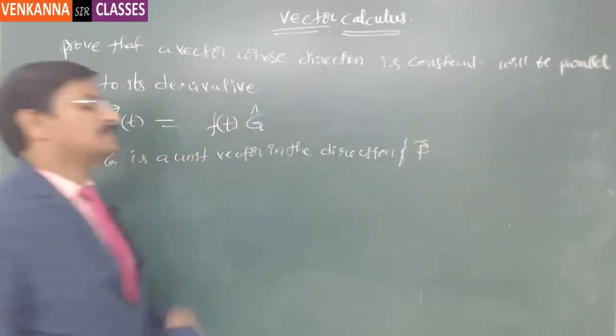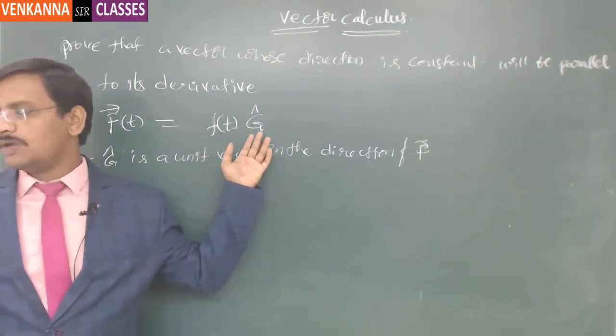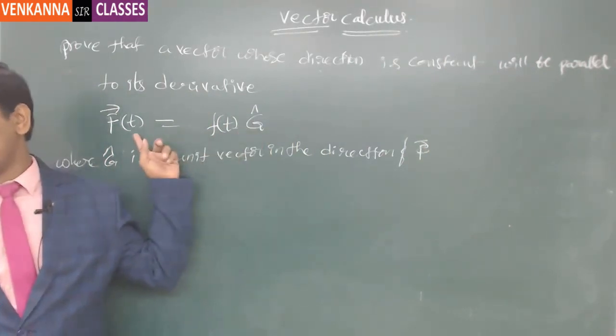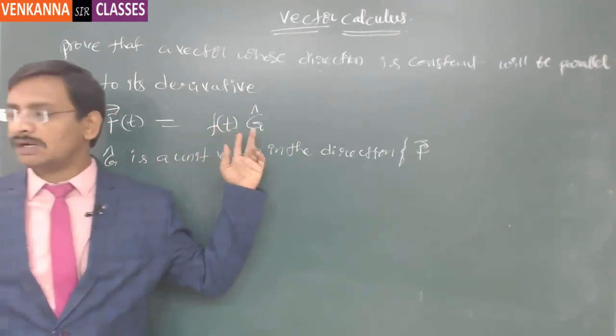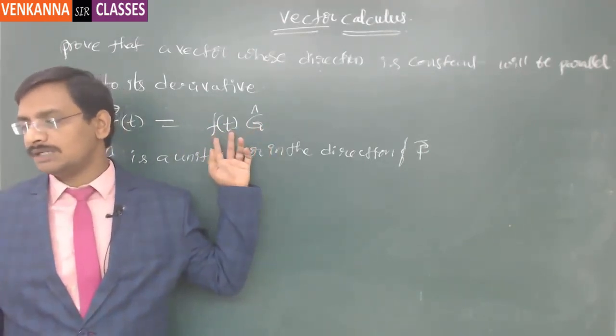So you can express this vector f as f of t into g cap. Any vector can be expressed as a unit vector multiplied by its magnitude, right?